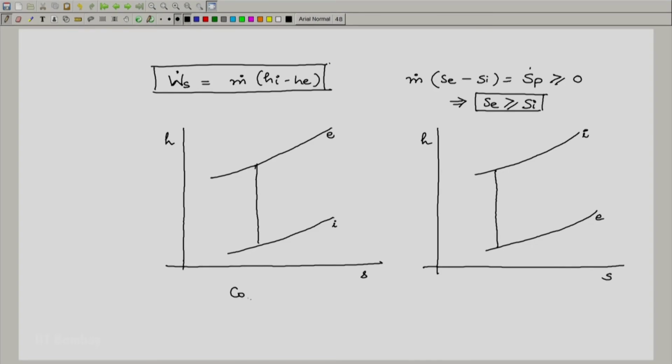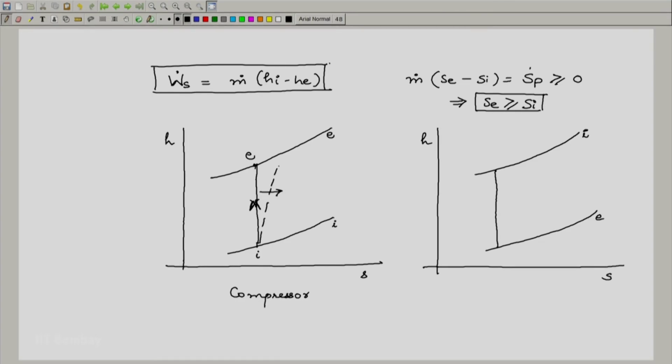And we will show the process here for a compressor as this, that is you are going from the inlet state here to the exit state here. Now, this is the ideal process where the inlet entropy is the same as the exit entropy, and hence I have drawn a straight vertical line. Now, if the process is not ideal, and we know that S E will be greater than S I, which means as I traverse towards the exit, I should be going towards the right, because I should be moving towards increasing entropy, and hence I would probably draw a process like this.